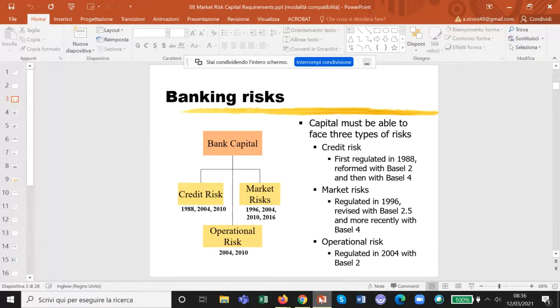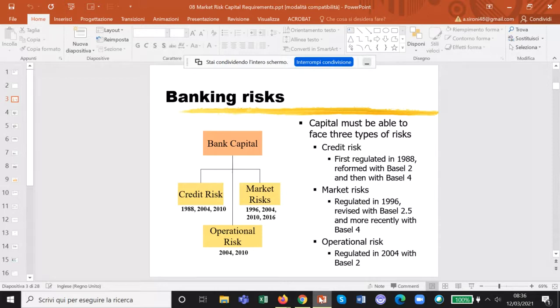Market risk capital requirements were introduced originally in 1996. Then they were changed with Basel II in 2004. And then more recently with Basel IV, they are in the process of being significantly changed.